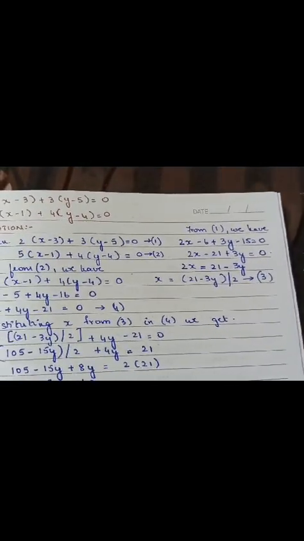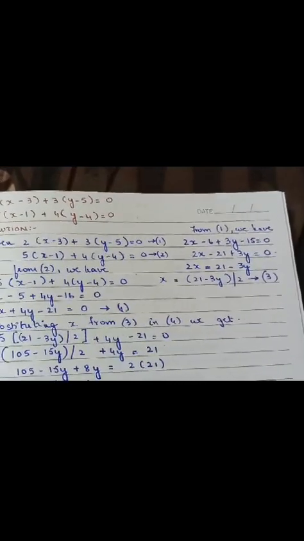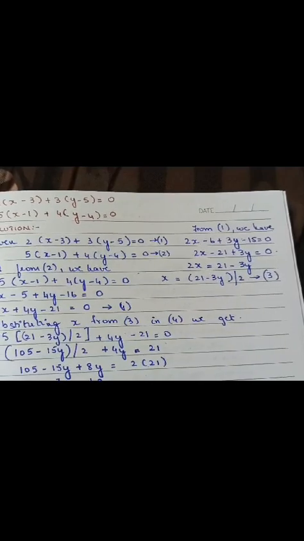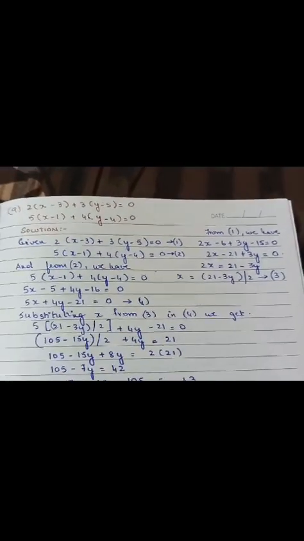I'm just pausing for a minute. And now what we do is from 2 we get 5 into x minus 1 plus 4 into y minus 4 is equal to 0. 5x minus 5 plus 4y minus 16 is equal to 0. So 5x plus 4y minus 21 is equal to 0. That is equation 4.